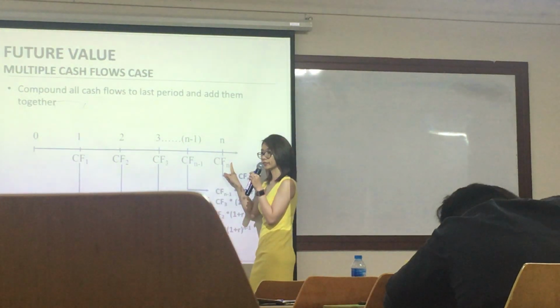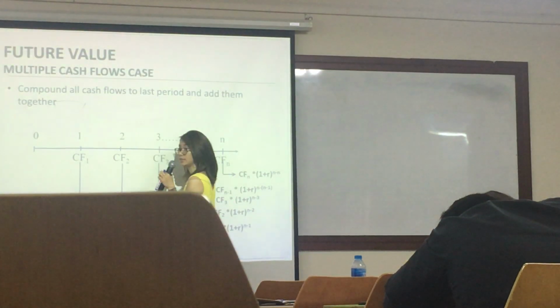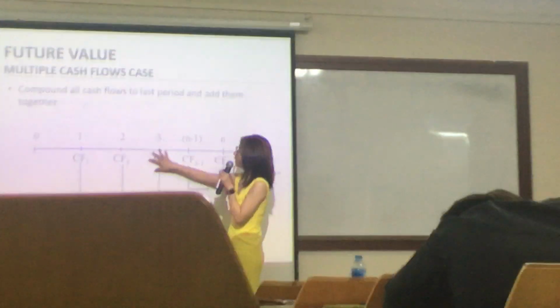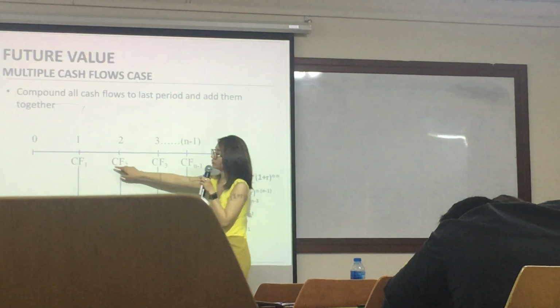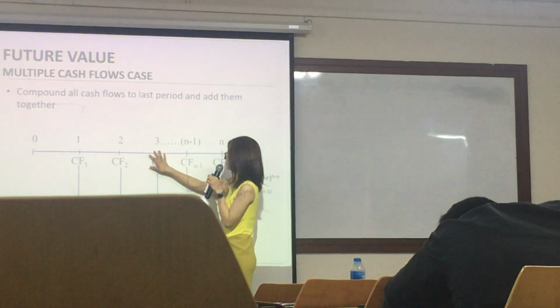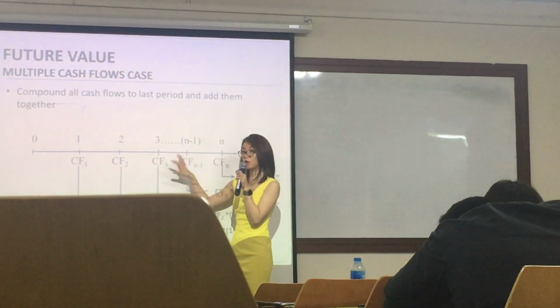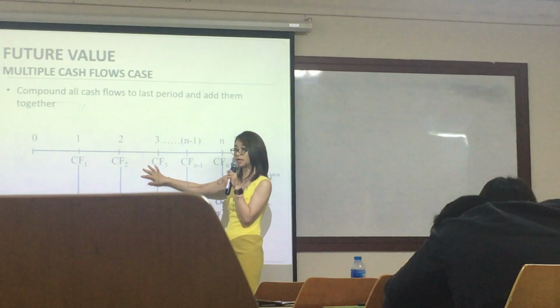In the single case, the cash flow occurs just here or there, only once. But for the multiple cash flow, the cash flow occurs in several periods, or sometimes it's just three of them, they're missing one. So more than one cash flow occurs, so we call it the multiple cash flow case.